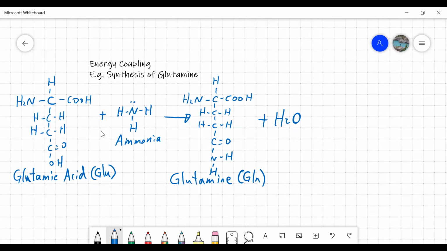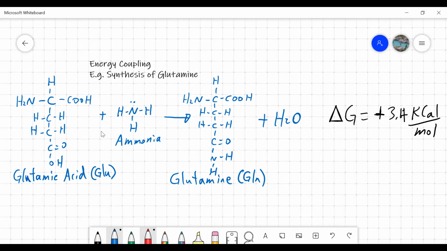Now, one thing to know about this reaction is the energy. So let's take a look at the energy. This goes back to these delta G things we were talking about. So this particular reaction, the delta G is plus 3.4 kilocalories per mole. So remember that plus sign, okay?